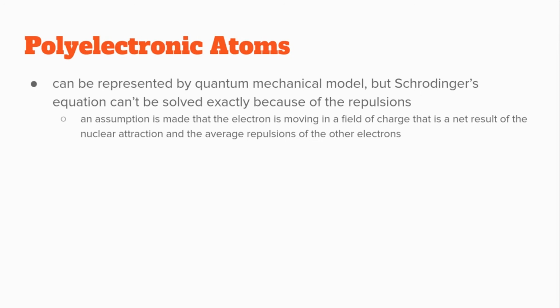So we make the assumption that the electron is moving in a field of charge, and this charge is a net result from the nuclear attraction, the positive attraction, and then the average repulsion of the other electrons. It's impossible to know exactly what repulsions that electron will be feeling because all of those electrons are moving constantly. And so we can't know exactly what repulsions it will be feeling.